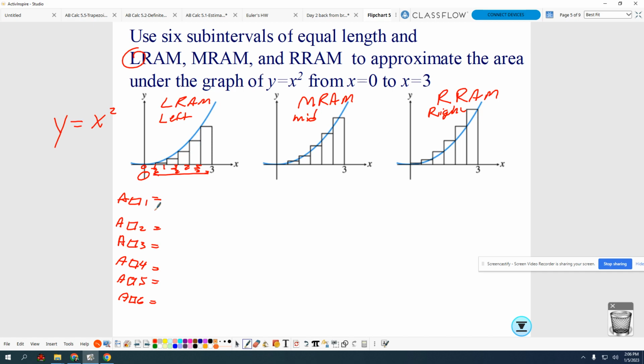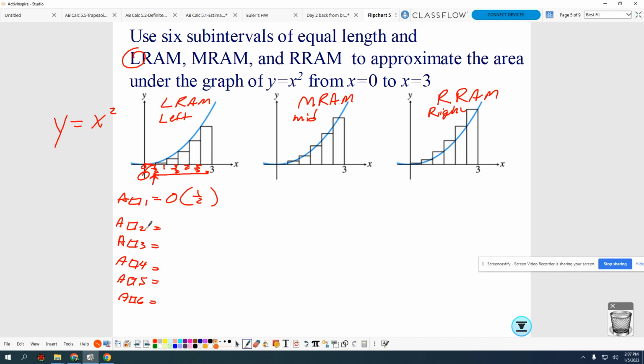Here, we're gonna find the area of this first rectangle. The height using LRAM, choose the left side. So the left side of this slice is when x is 0. What is the height when I plug it into the curve? Zero. The height is 0 times the width, which is 1/2.